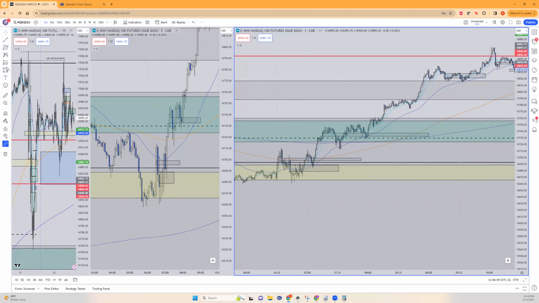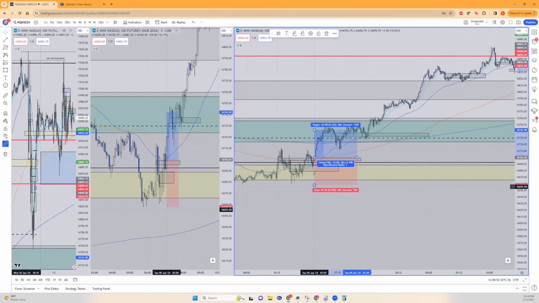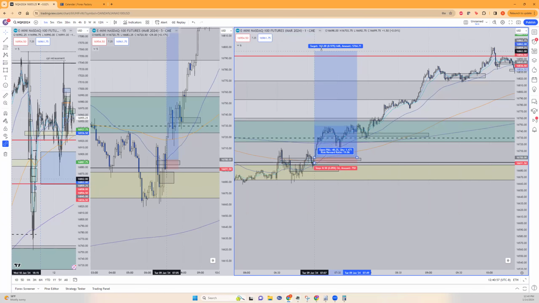So we got a 1 to 20 trade on this with the 8.5 handle stop, never experiencing any drawdown, and the full acceleration to the take profit we had marked out on the week.